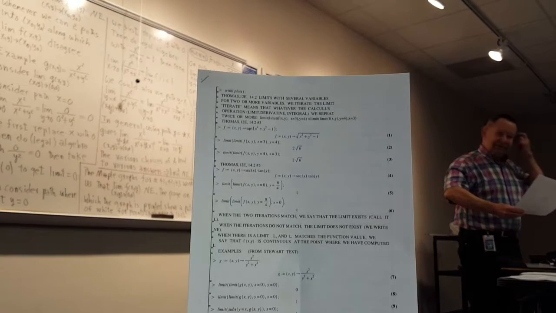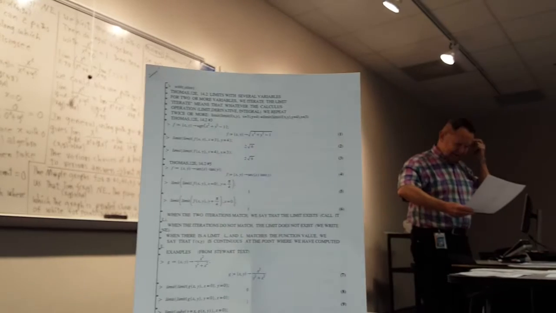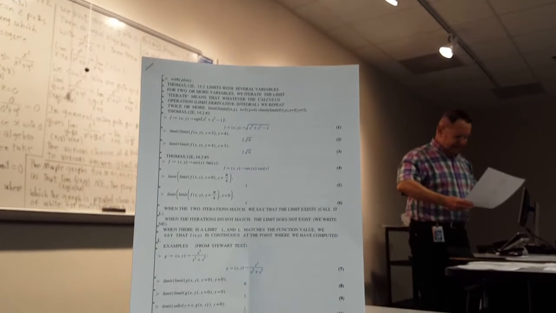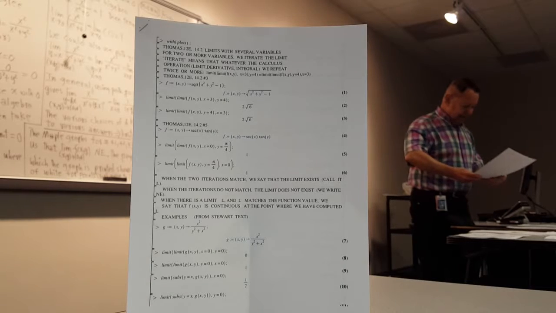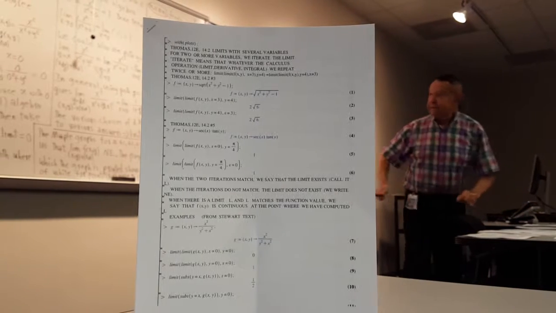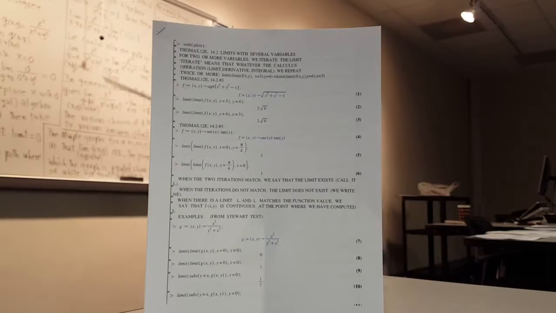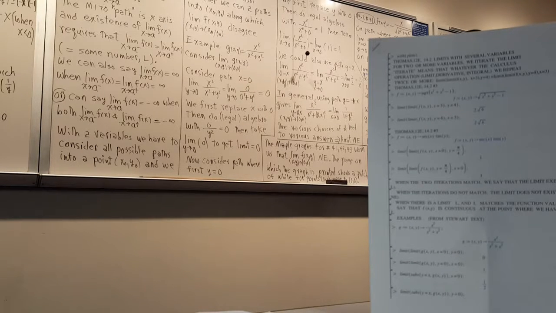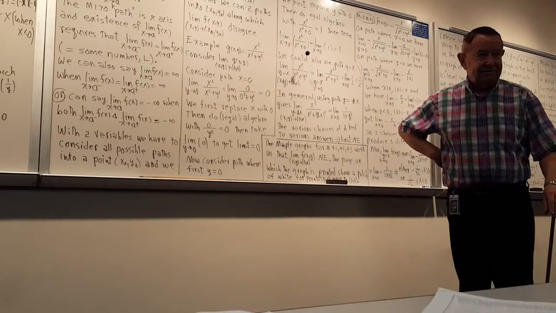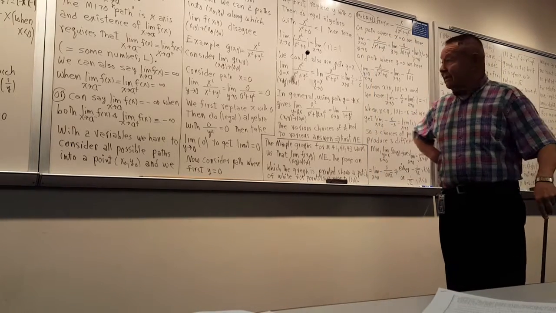This first one is from the Stewart text: x squared over x squared plus y squared. And suppose you came in to the origin on the path x equals 0. Okay, that's the y-axis, isn't it, when x is 0.